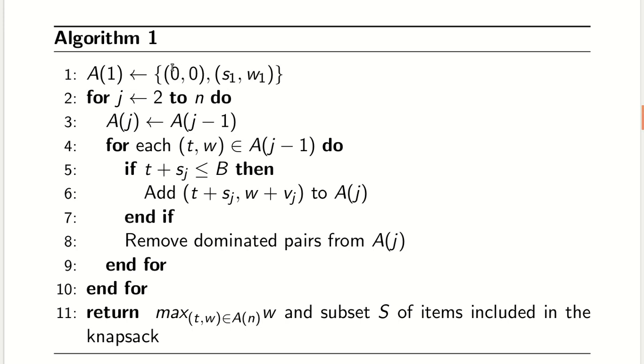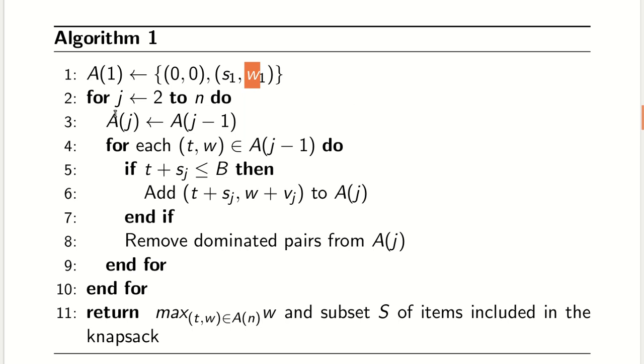The first value denotes the size of an item, and the second value denotes the value. So in this pair, the first value denotes a size and the second value denotes a value. We follow this algorithm, and I'll explain the terminology of this algorithm.